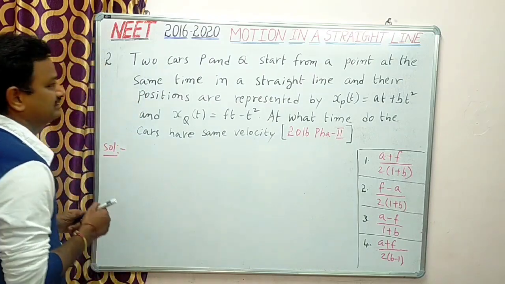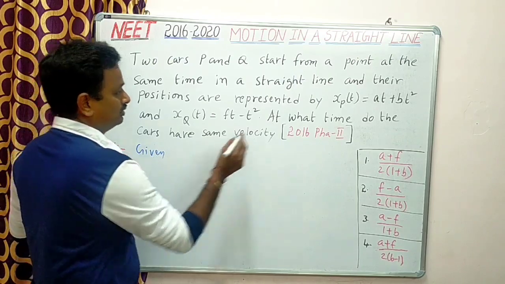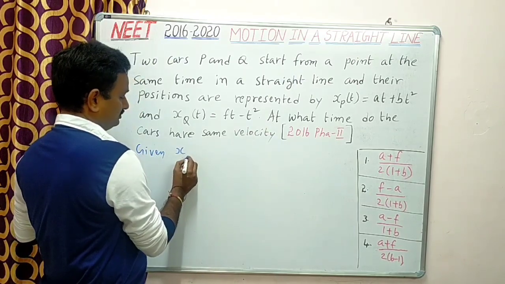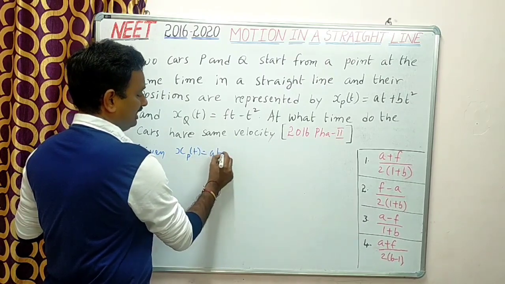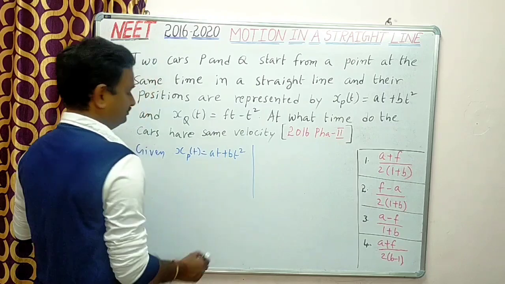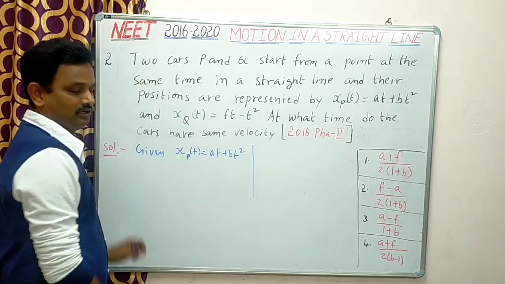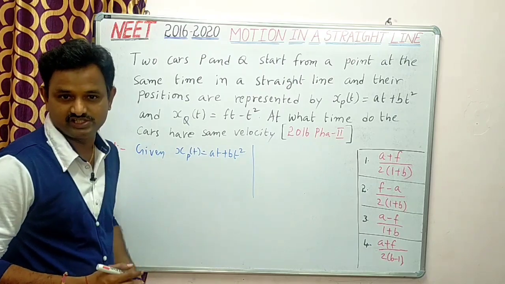Look at here. Given the position at P is equal to at plus bt square. Okay. Then if I want to calculate velocity here, I need to do differentiation.